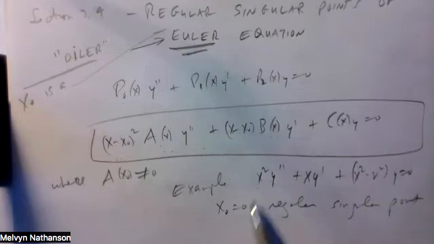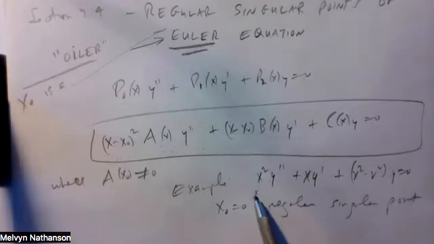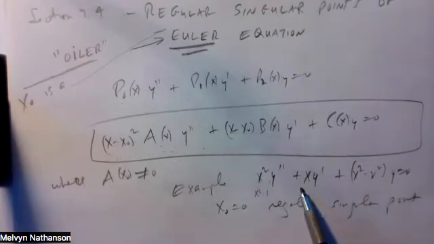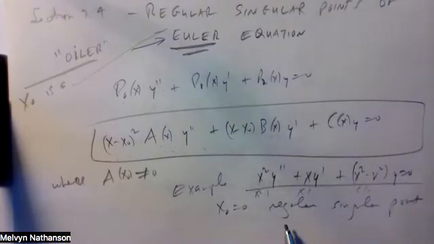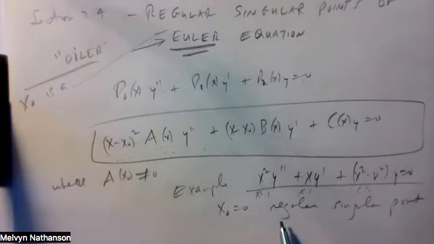It's x squared times 1. This is x times 1. This is whatever it is, c of x. So this is an example of a regular singular point of a differential equation.